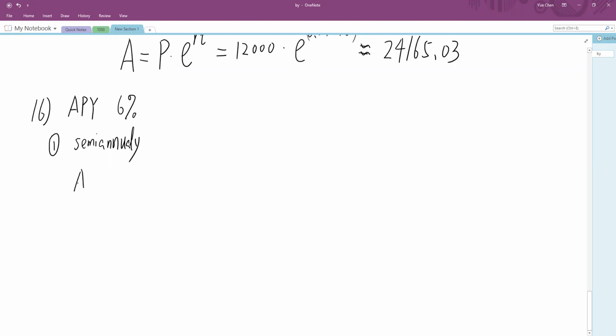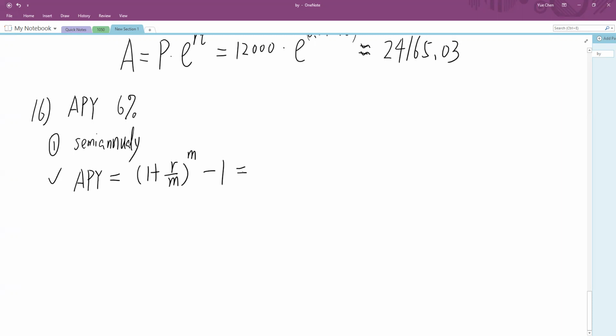So we know that APY for compounded interest is what? It's 1 plus R over M, to the M, right? Then minus 1. This is the formula. You also needed to memorize this formula.